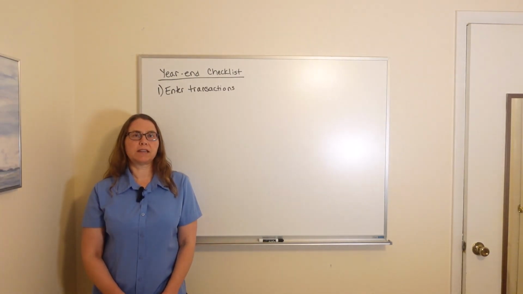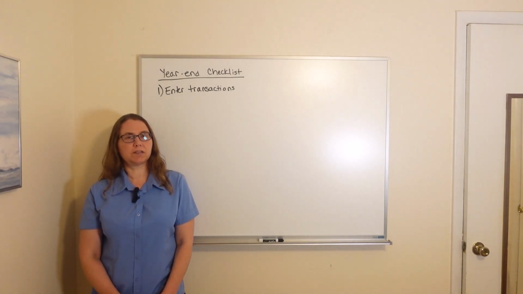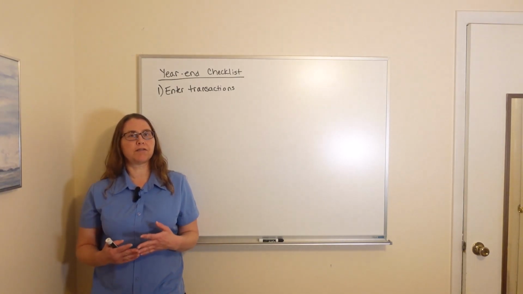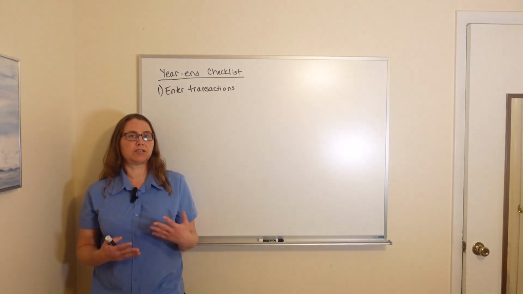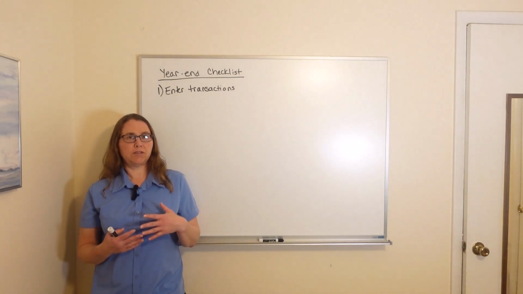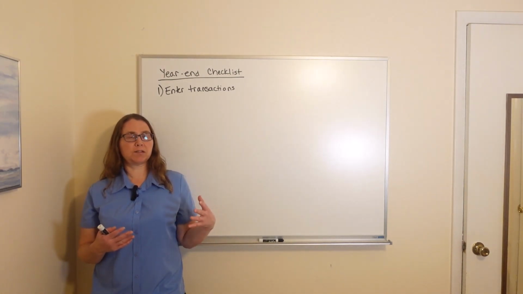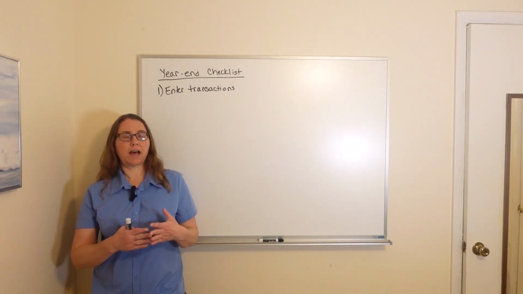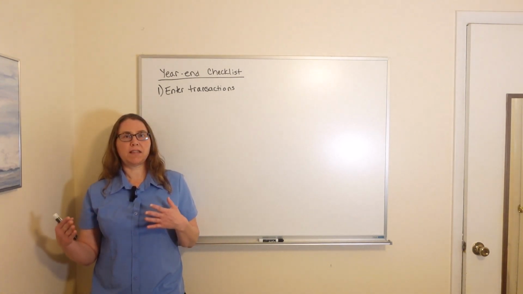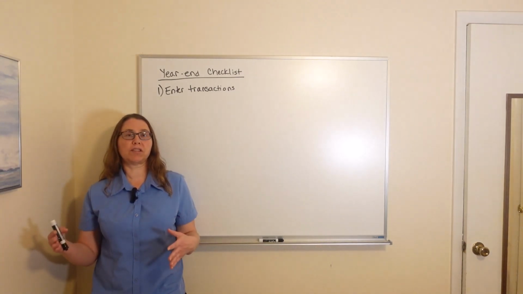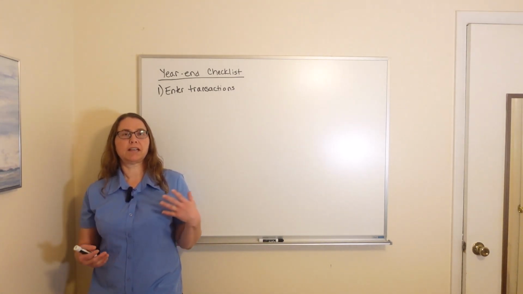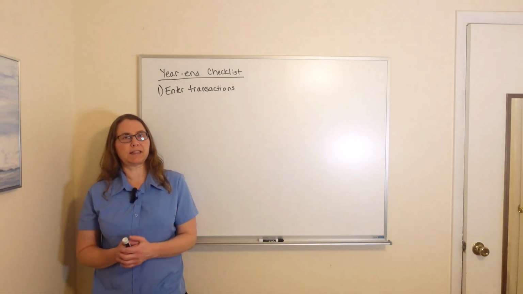And then another thing I like to look at is undeposited funds. I like to give a quick overview of that just to make sure there's nothing in there that shouldn't be. You may have payments that were posted that haven't been deposited yet, and that's okay, but you just want to make sure there's nothing else there that shouldn't be, like a duplicate payment or something like that.